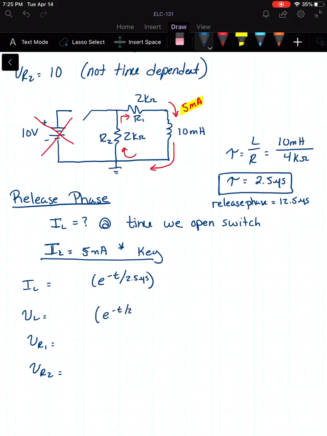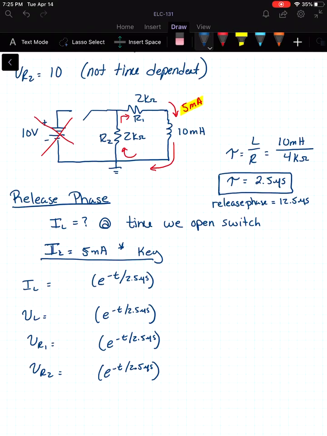And that's going to be the equation for everything. So everything's going to start at a maximum and go to 0. It's just a matter of finding what that time constant is and finding what that maximum value is.